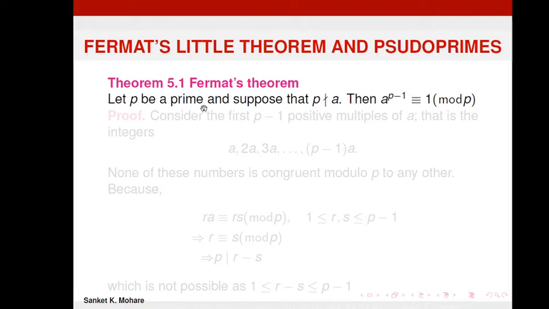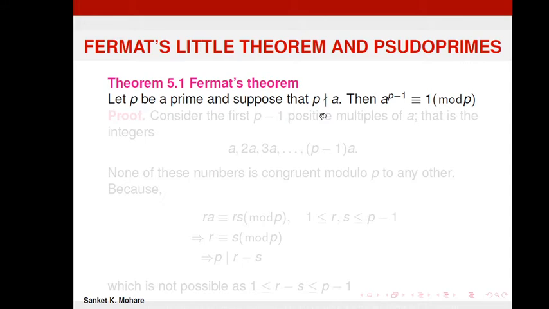So p is a prime number and p doesn't divide a, where a is an integer. If p does not divide integer a, then a to the power p minus 1 is congruent to 1 modulo p, where a is any integer.